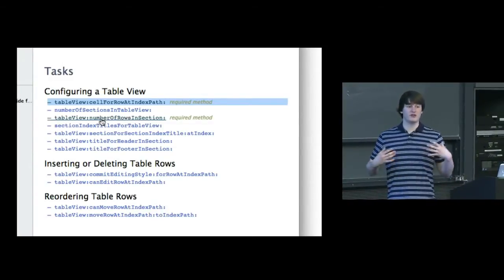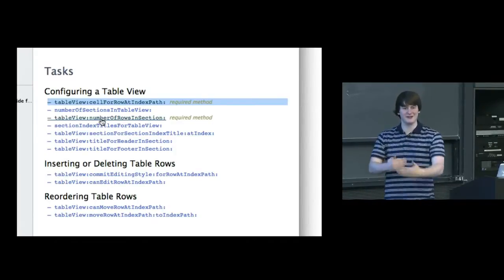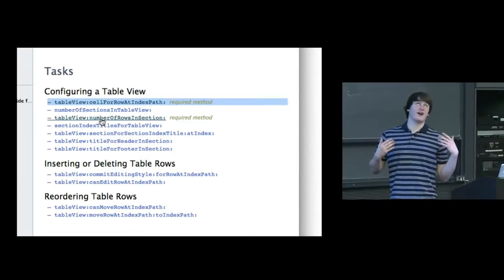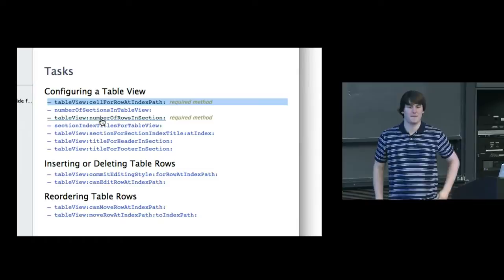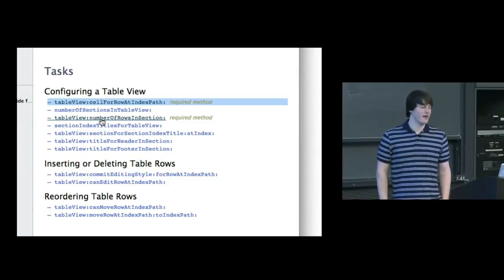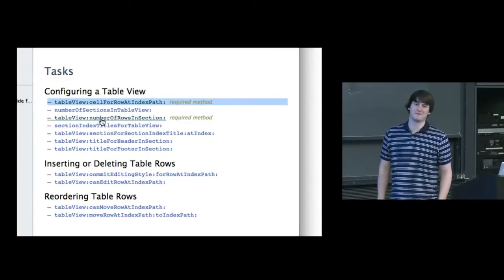So when you try to create a table view, you need to pass some object that is capable of populating the cells of that table view, and UITableView knows that you are capable of doing that if you implement the protocol. You'll see that that sort of pattern is going to be pretty common with a lot of things you do.